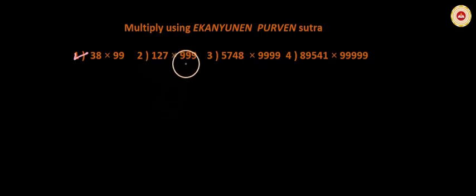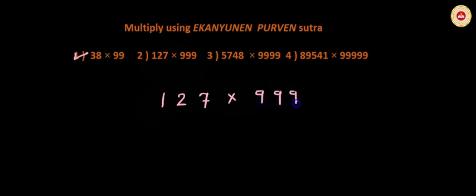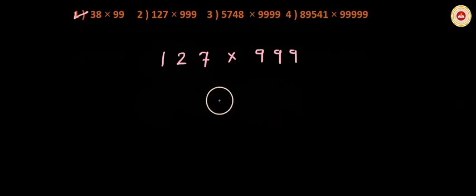Next, second example is 127 multiplied by 999. Multiplicand and multiplier contain 3 digits. Calculating the answer in two parts starting from the left side.